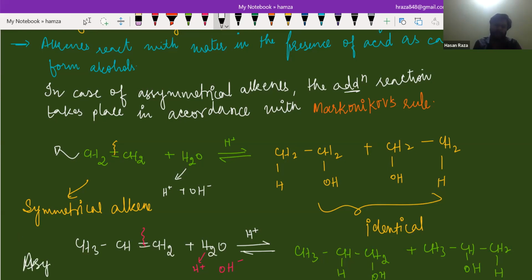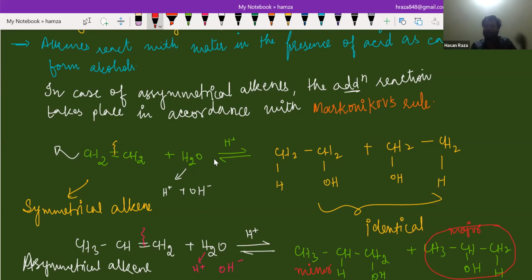So here, in an asymmetrical alkene, you will get two products, but you have to decide which one is major and which one is minor. So you can see this will be our major product, and this one will be our minor product. If a question asks what is the product of this reaction, you will go for only the major product.